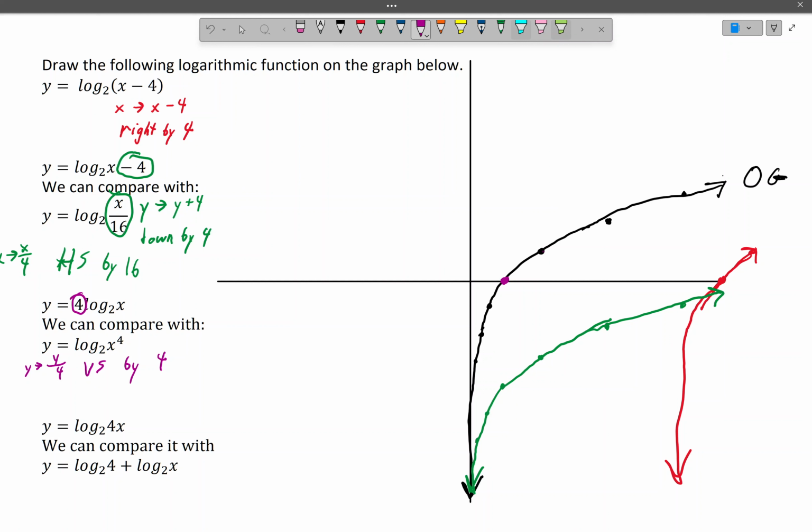So this point is going to be 1, 2, 3. Oh, whoops, 1, 2, 3, 4, somewhere around there. Oh no, quadruple it, not add 4. Yeah, okay, no, it's going to be right there.